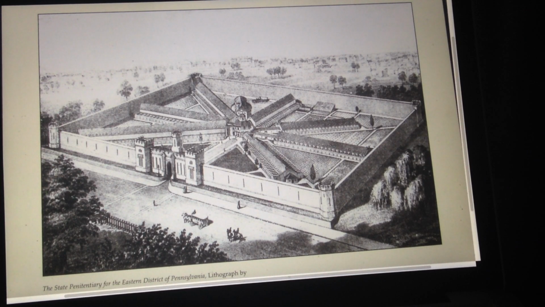We're going to see a lot of that in the next few episodes. And we see the tiers fanning out from the central hub. This is panoptic. It's not a panopticon in the traditional sense, but it is panoptic. It's designed to enhance visibility of the population confined to the institution.